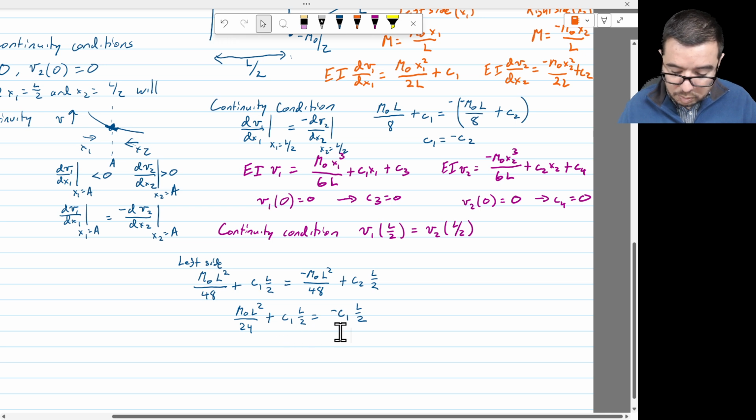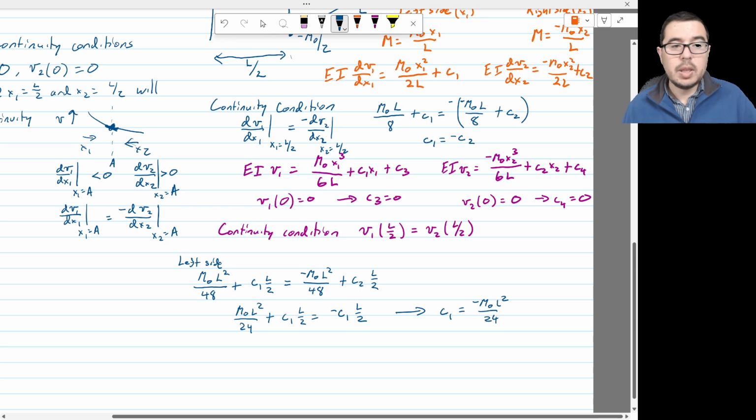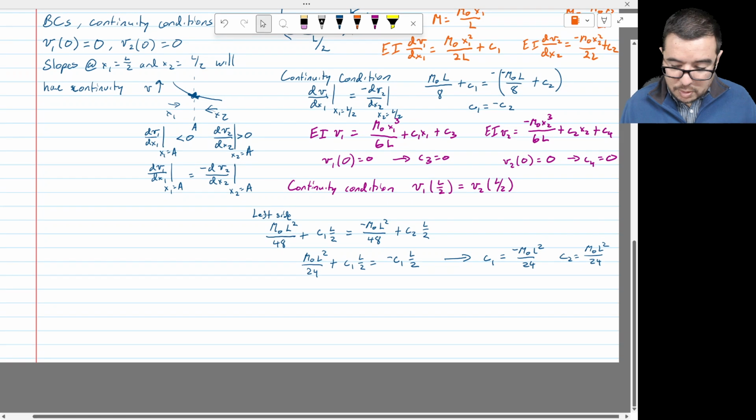Now we can move this over, and we can say that C1 is going to be equal to minus m naught L squared over 24, and C2 is equal to m naught L squared over 24. So we're able to write out the whole expression now.